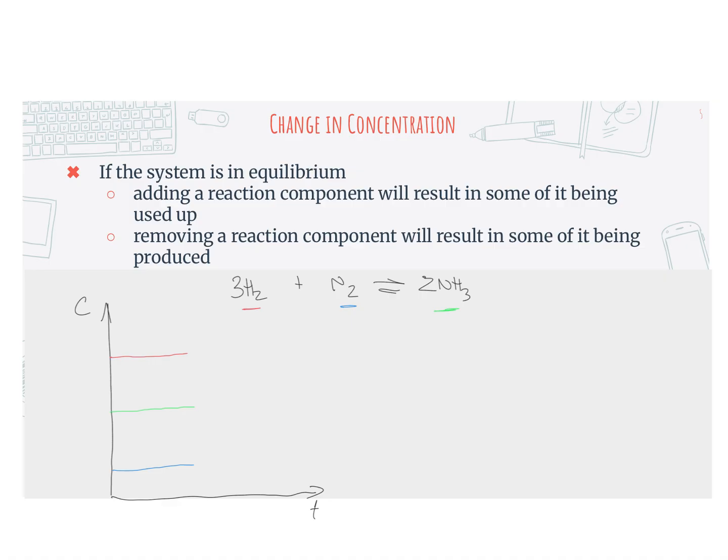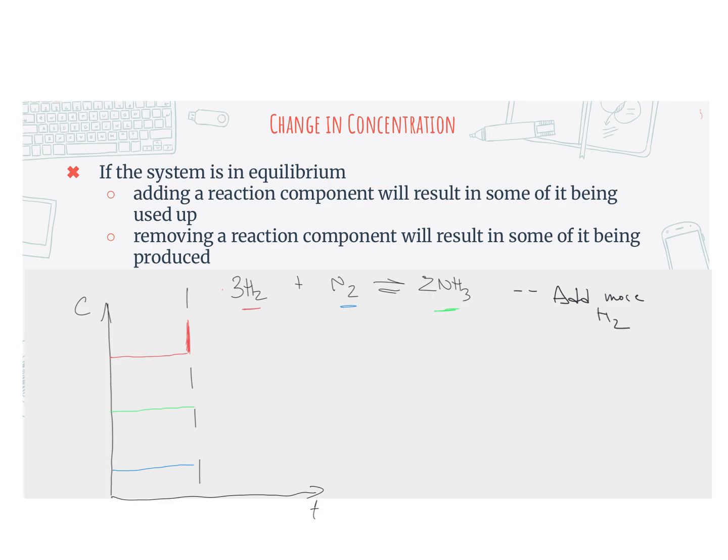And so we're at equilibrium, the concentration isn't changing as a factor of time, but now what I'm going to do is at this time right here, this dotted line, I'm going to add more H2. What will happen to the line of H2 is that it's immediately going to spike upwards. And like I said, because this wants to reach equilibrium, this reaction is going to shift in some way.